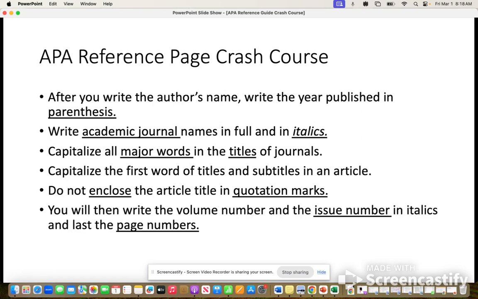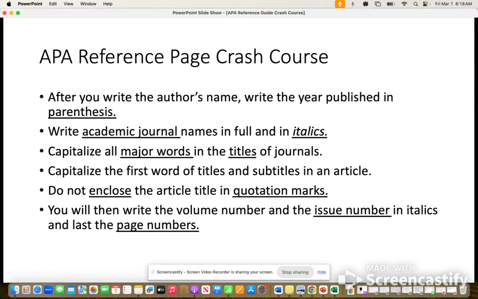Okay. You will then write the volume number and the issue number in italics, and then last the page number. Most of these journals will put out like four a year. So the volume might be like that year. If a journal has been going since 2000, this might be volume 24. You put the volume number first, and then throughout the year, maybe they release 4 or 6 or 12 articles, and you put the issue number.